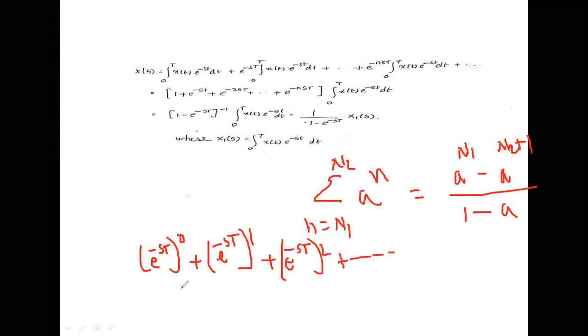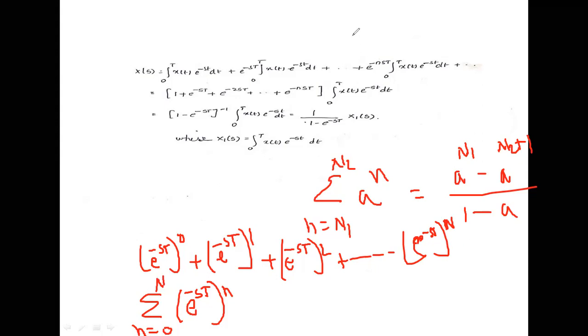Means e power minus sT whole power n, you can write as 0, 1, 2, 3, and so on, up to capital N. Now I'm writing the sum of n from 0 to infinity.